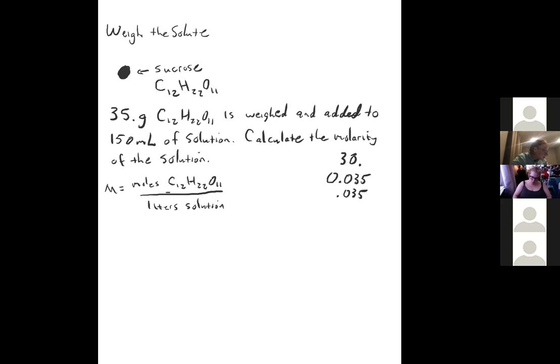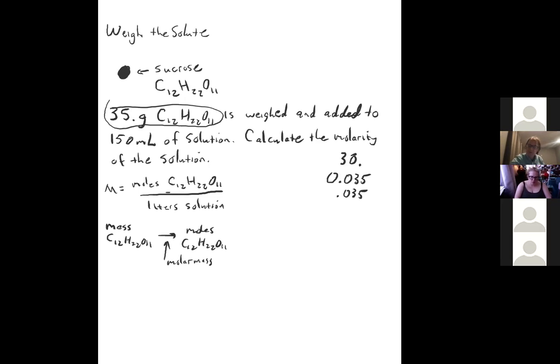It's given as a mass, so we have to convert that to moles. We'll take the mass of sucrose and convert it to the number of moles of sucrose, using the molar mass. This is the calculation we learned back in chapter 3. So let's find the molar mass of sucrose.